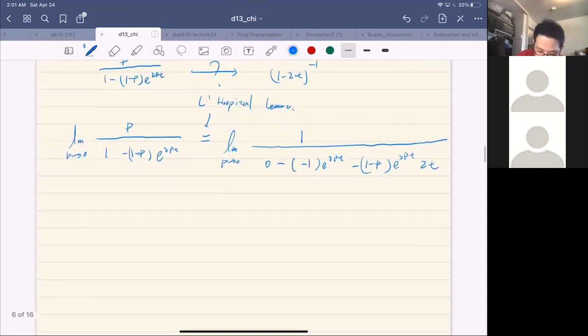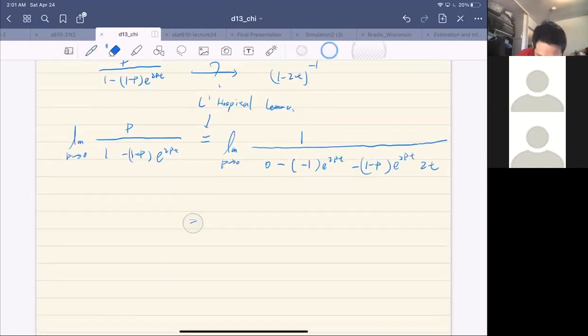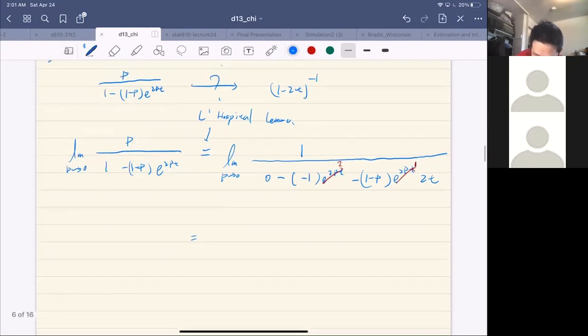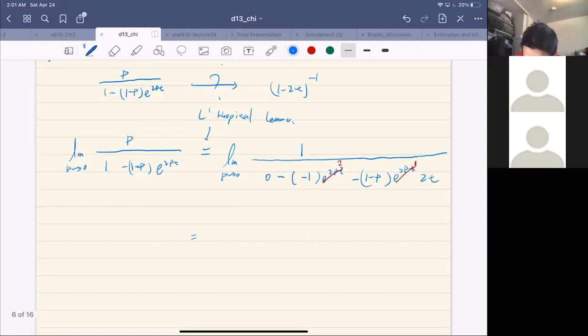Yes. And when we let p go to 0, so p is 0, so this is 1. This is 1. Okay. So as p goes to 0, this is 0. So we can have 1 minus 2t.